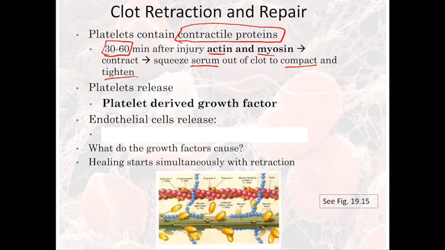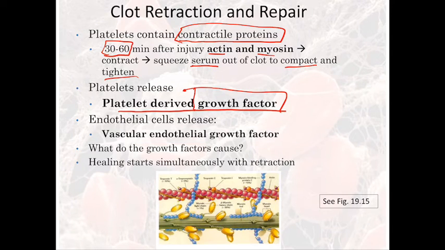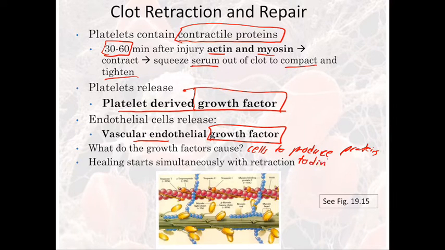Then these platelets also release something called platelet-derived growth factor. If it's a growth factor, it makes sense what it's going to do. It's going to cause growth, right? Endothelial cells also release a growth factor. Same idea, but they release one from the vascular system, vascular endothelial growth factor. These two growth factors cause the cells to produce proteins, to divide, pretty much to heal tissue.